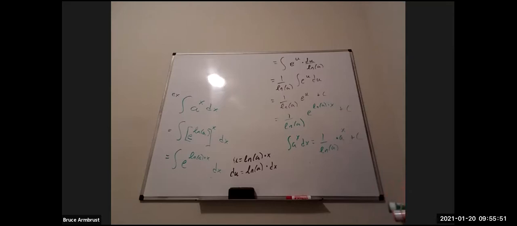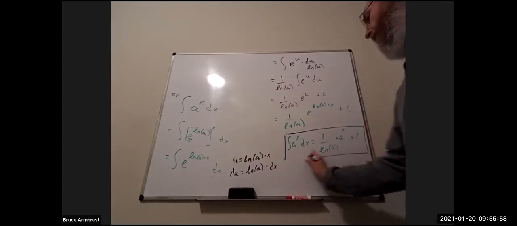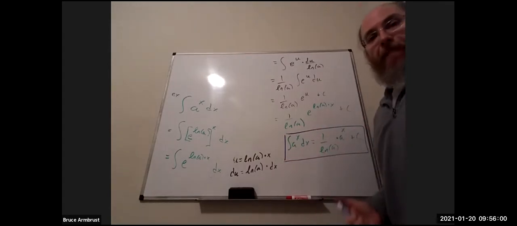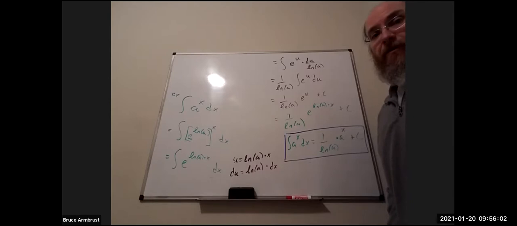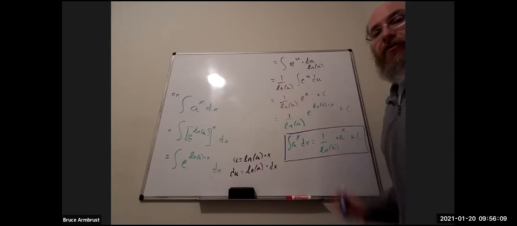All right, so again, I'm going to go ahead and box this, because here is our antiderivative of any exponential function. You're going to get that same exponential function divided by the natural log of that base.